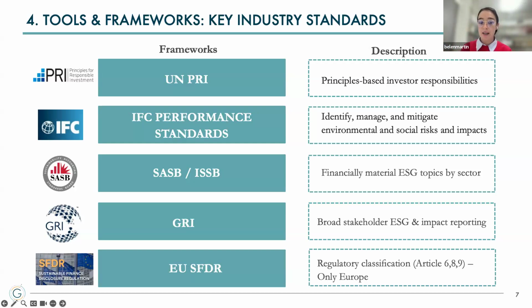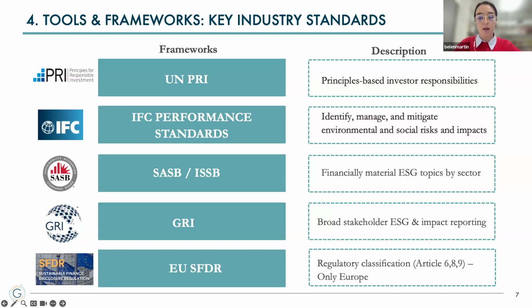And then lastly, since this is one that applies to us all, we have the European Union regulation, the SFDR, that is the regulatory classification for Article 6, 8, and 9. It's basically a way to categorize how to classify and disclose sustainability risk and objectives. For example, we all know that an Article 6 per se has no ESG focus.